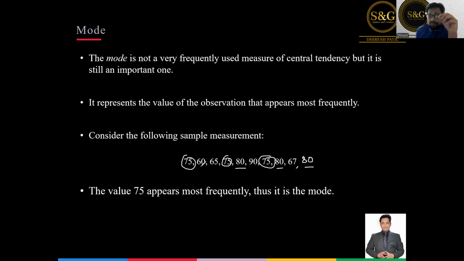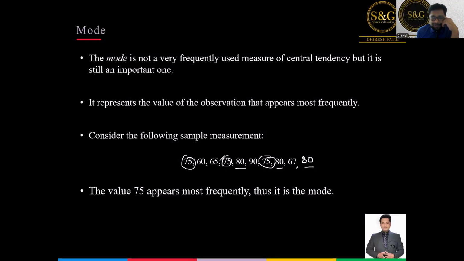So in this case, what will be the mode? Try to understand this. Think about it. No mode, 77.5, both 80, add the two and divide by 2, which is the average, bimodal.